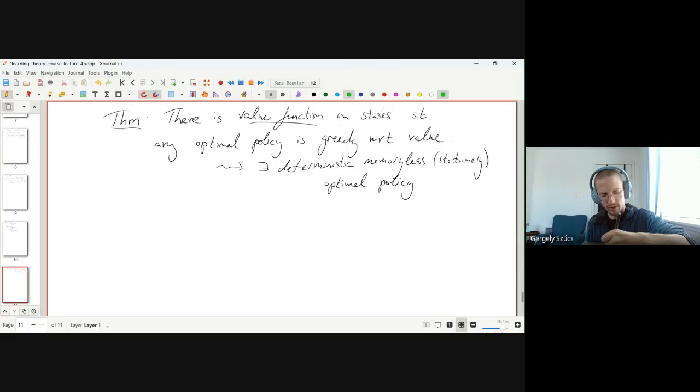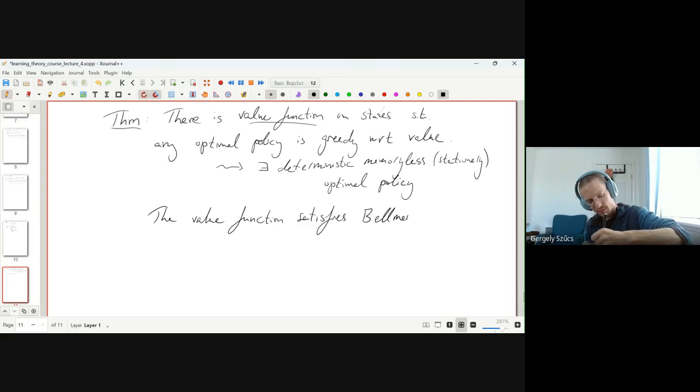And I guess the thing to note is that this value function satisfies what's called Bellman's equation, which is basically an optimality equation for the value function.